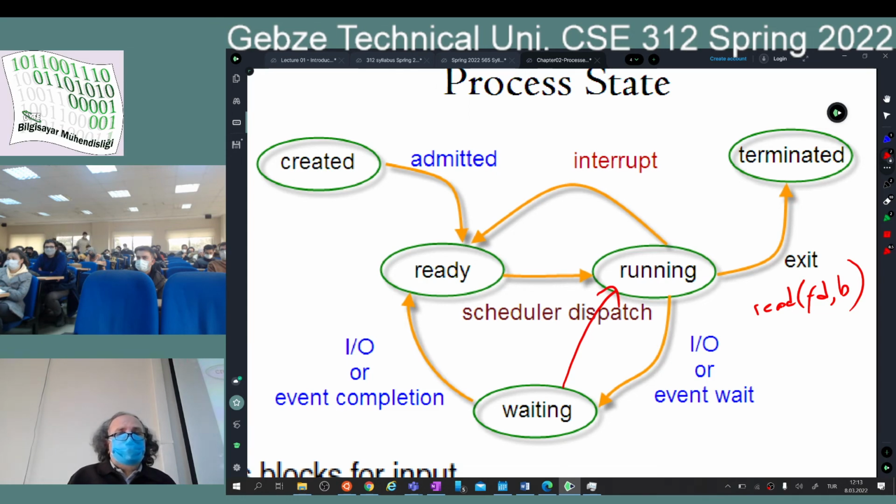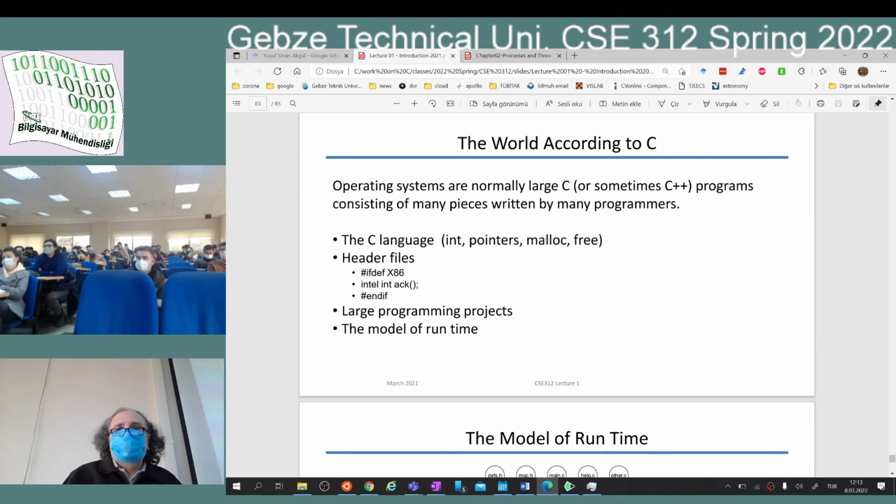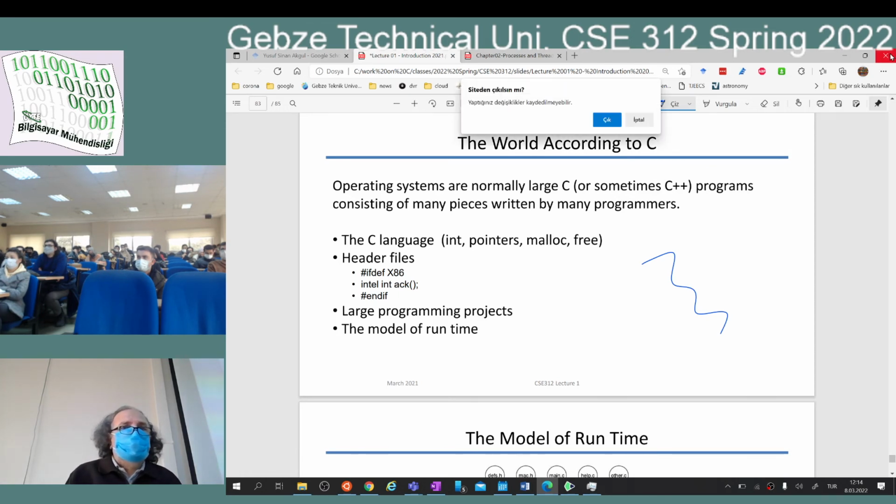For example, in this one, if I modify something, this is Edge, right? This is Microsoft's browser. When I try to close it, it says that I cannot close it immediately because there are some modifications on it. But if I didn't modify anything, it just immediately closes.